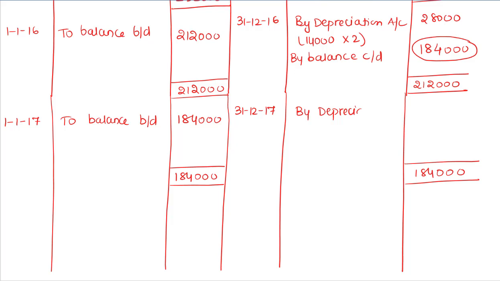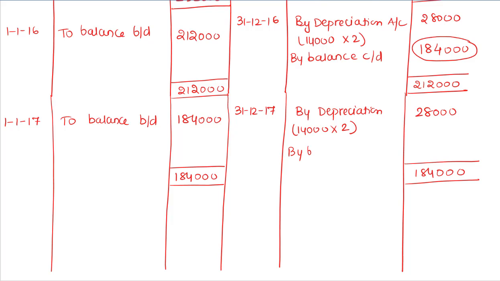On 31st of March 2017, let us calculate the depreciation. By depreciation, the usage is 14,000 hours. So 14,000 multiplied by rupee 2 per hour, which is 28,000. 1,84,000 minus 28,000.